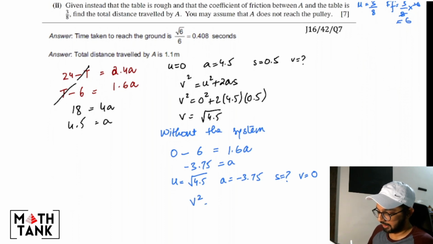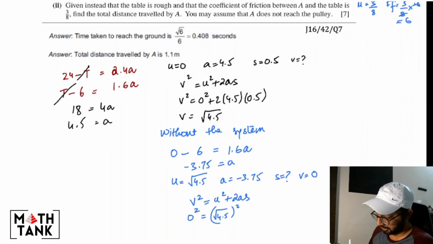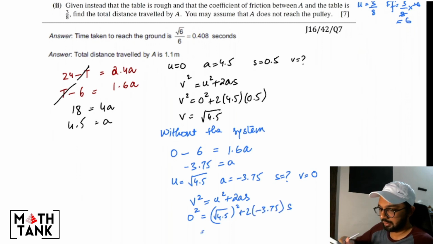So v squared equals u squared plus 2as again. 0 squared equals root 4.5 squared plus 2 times minus 3.75 times s. Minus 2 into 3.75 is minus 7.5, so 4.5 divided by 7.5.